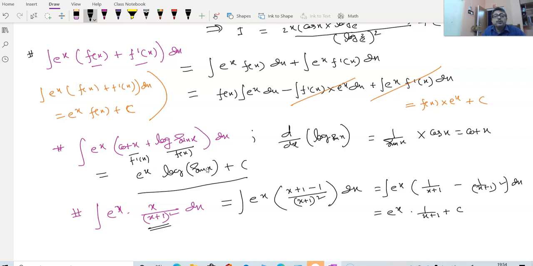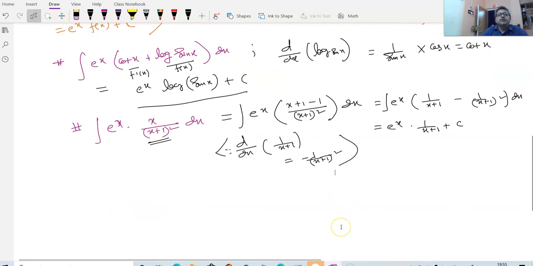But in the board paper I told you, you should do one step here, that d/dx of 1 by x plus 1 is equal to minus 1 by (x plus 1) whole square. We can write the answer as e to the power x into f(x), that is 1 by x plus 1.